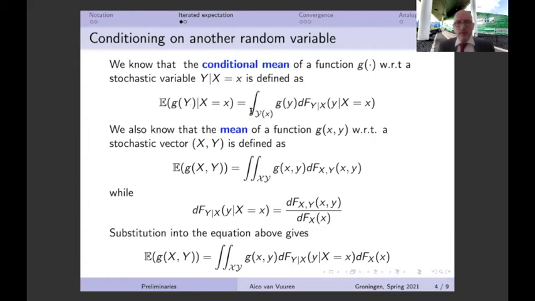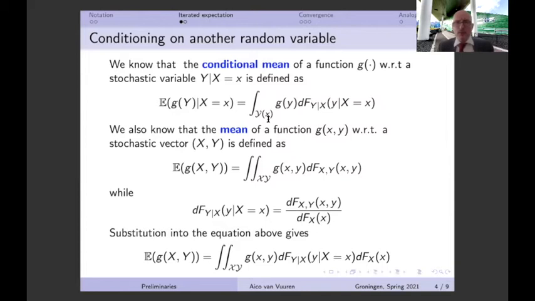It's going to be an integral of this over y, over the support of y, but now the support of y conditional on the outcome x, that x is equal to this little x. So therefore, I will have here in between parentheses this little x that we have over here.